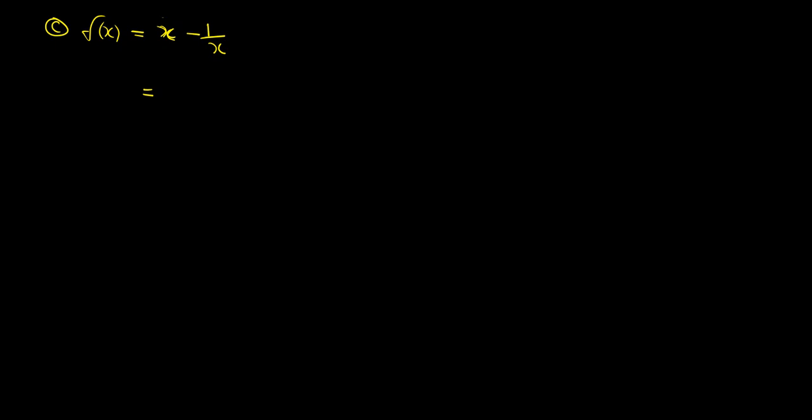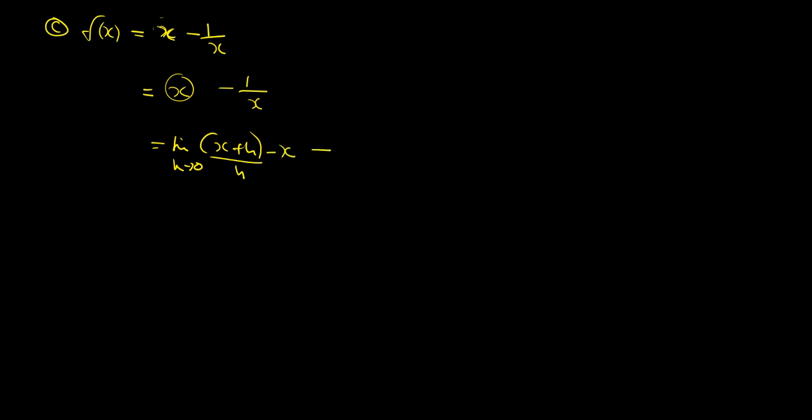So for this part now, I'll work with this part, and again I'll work on the negative 1 over x, like that. So for this part, this is just the normal limit as h approaches 0 of f of x, I'll just put the same thing, x plus h, over h, then minus the same function.